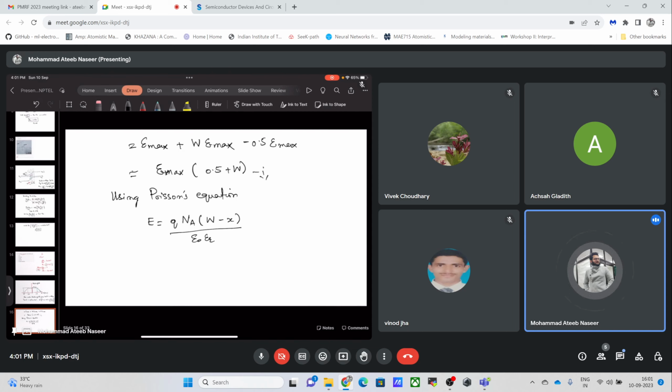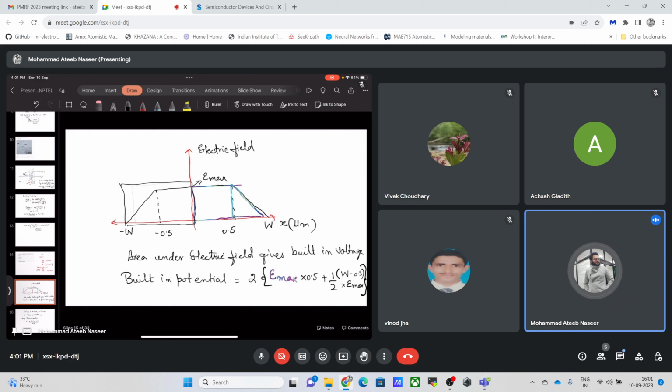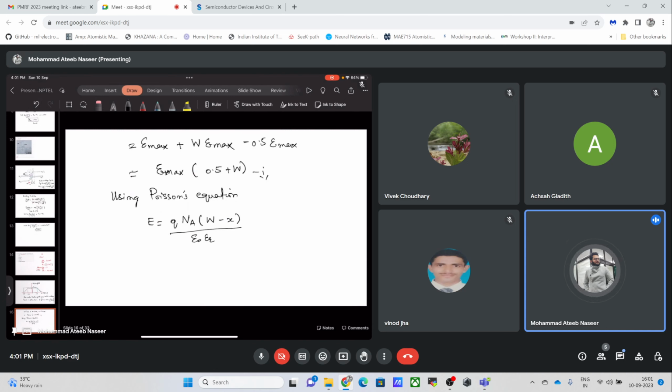Now I need to find the maximum electric field. The maximum electric field will be, let us say, at x equal to 0.5. It is also equal at x equal to 0, but since I know this is the P side, I will be using this boundary condition of the P side of the material.